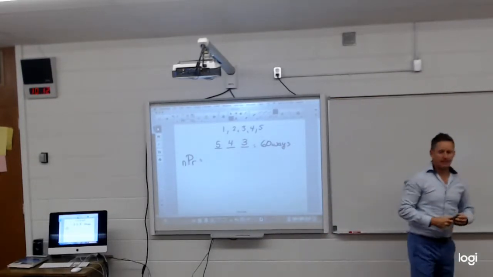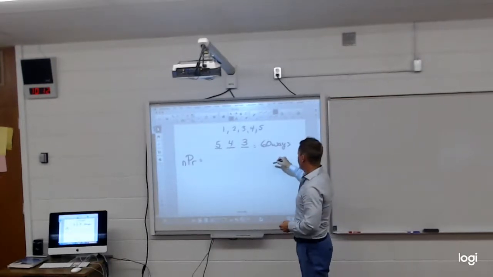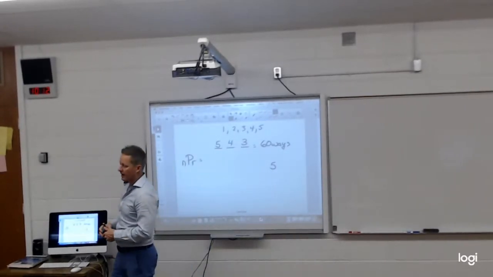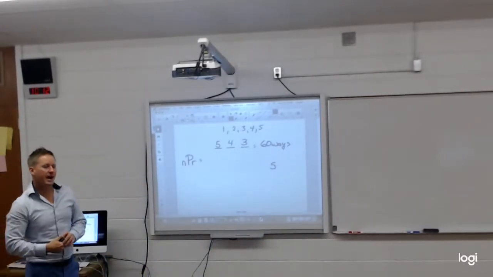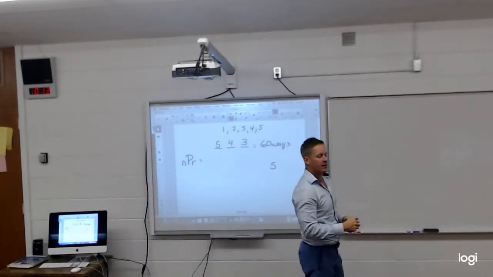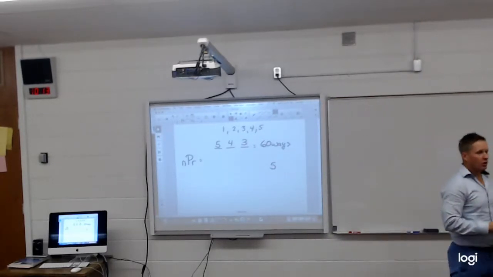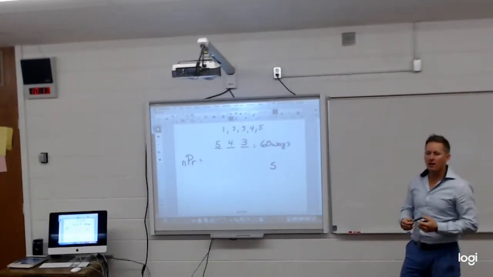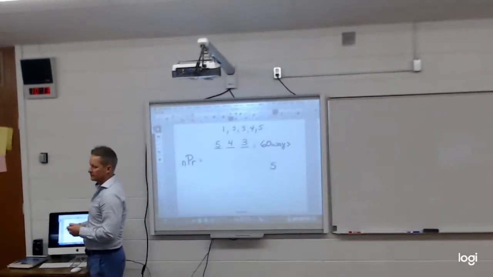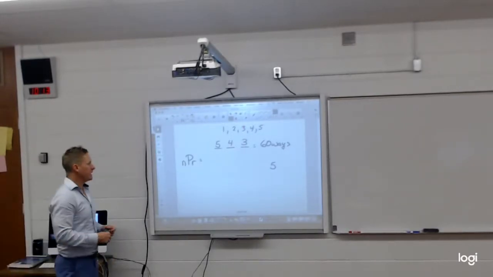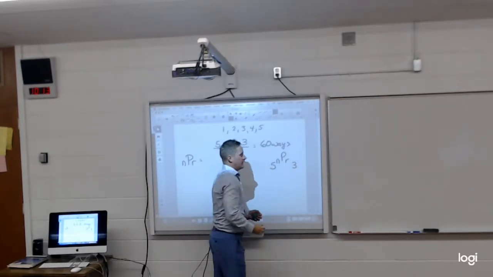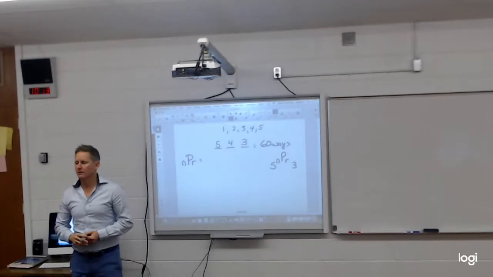On your calculator, I want you to first type in 5. Now I want you to go to math, go across to the probability, the PRB, go down on it and find nPr, hit enter, put a 3 in there, and hit equals. 60?